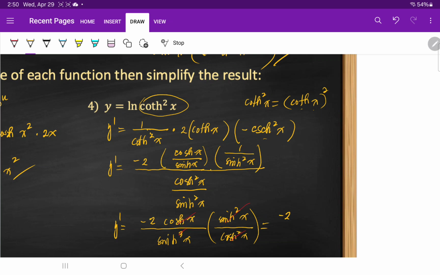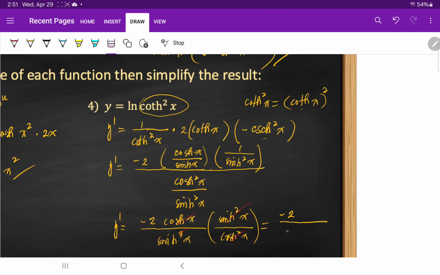Hold on, back, because this one we cancel out sine square and cosine, so only negative 2 is left in the numerator.